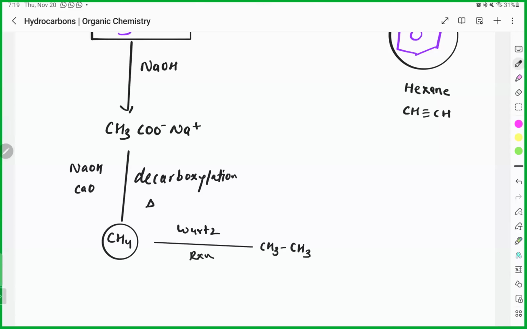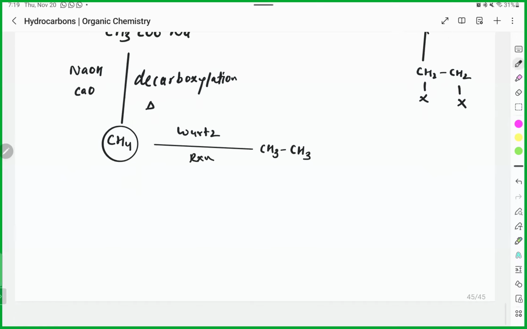Because if you want to get alkyne, you can get alkyne from vicinal dihalide, correct? Like CH2, CH2, halogen and halogen. How to get this? You have to add 2 halogen, correct? How to add 2 halogen?